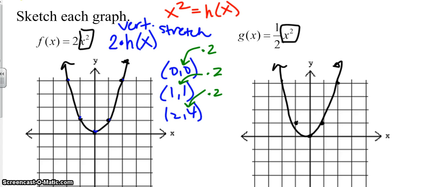So now, I'm going to go over 0 and up 0 times 2, which is still just 0. I'm going to go over 1, but this time I'm going to go up 2. Over 2, I'm going to go up 8, which is way off my graph. Same thing happening in the negative direction.